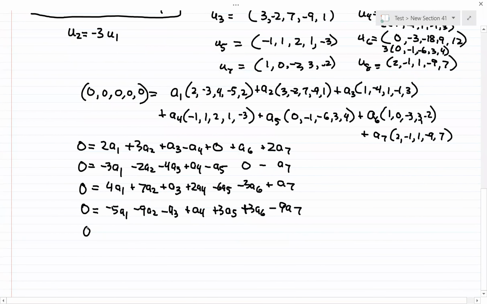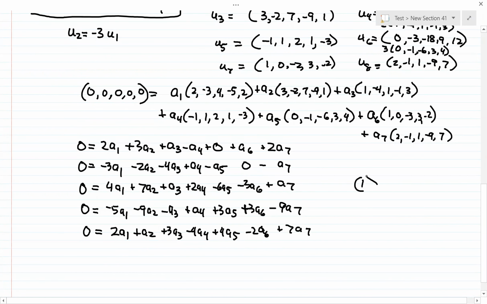And last, 2a1 and a2, 3a3, minus 4a4, 4a5, minus 2a6, and 7a7.